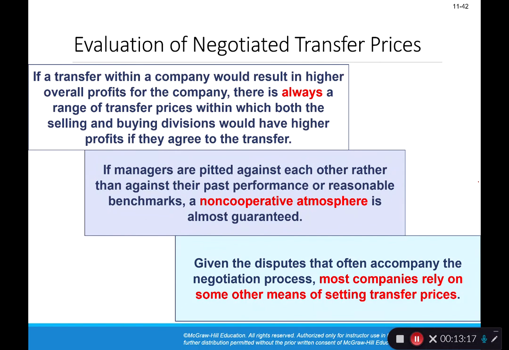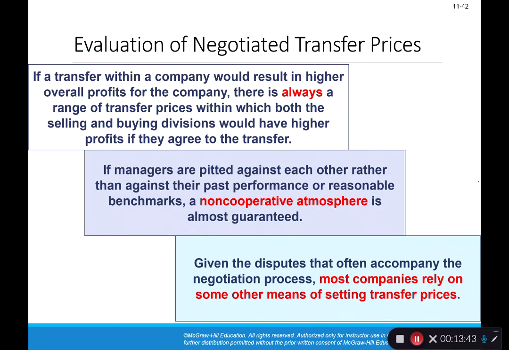So again, if a transfer within the company would result in higher overall profits, there's always a range of transfer prices within which both the selling and buying divisions would have higher profits if they agree. So whenever you have a max greater than the min, you can transfer it somewhere in the middle. Both divisions get a little more profit, and the company overall is going to win.